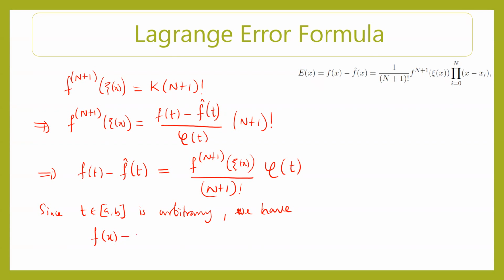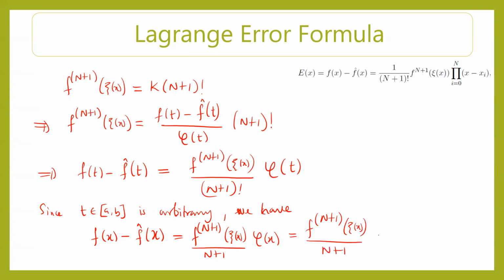So f(x) minus f hat(x) equals f^(n+1)(ζ_x) over (n+1) factorial times phi(x). Phi(x) is the product over i equals 0 to n of (x minus x_i).